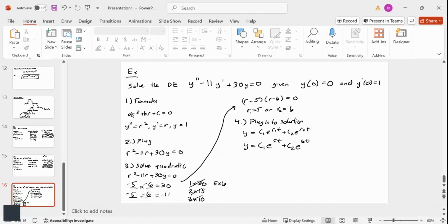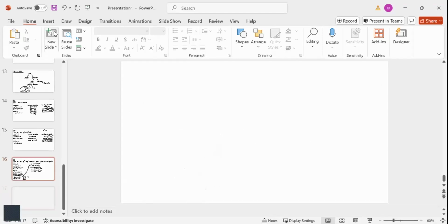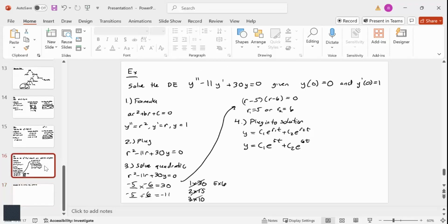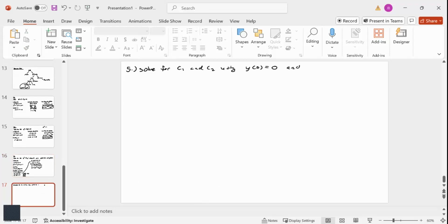Now I want to find a particular solution, so we call it, where we have conditions, right? So that's going to be step 5. Step 5 is solve for C1 and C2 using y of 0 equals 0 and y prime of 0 equals 1.